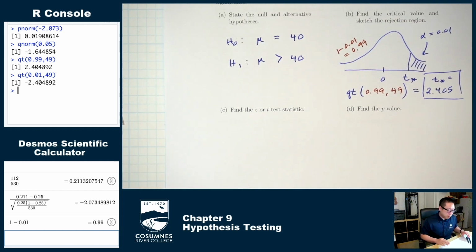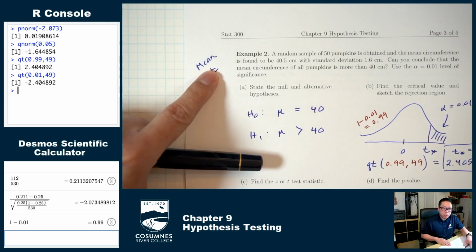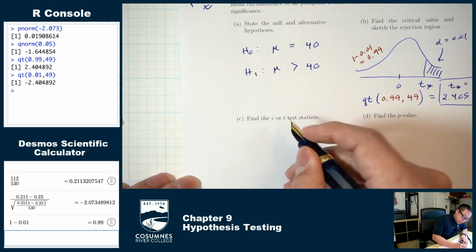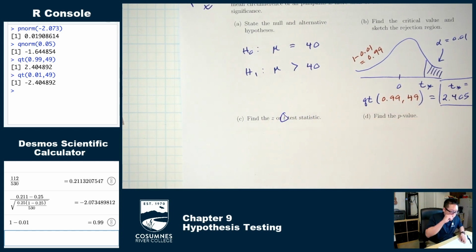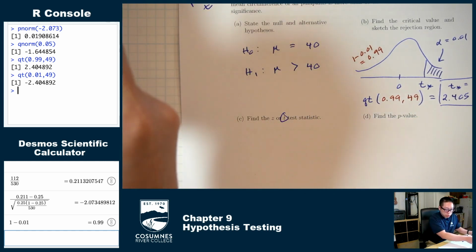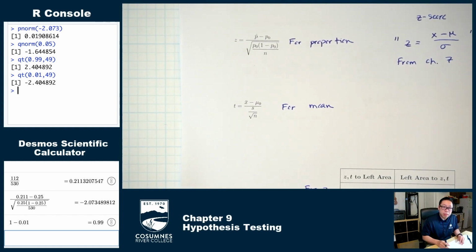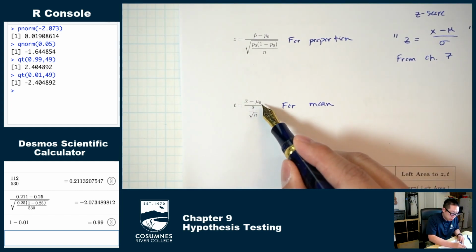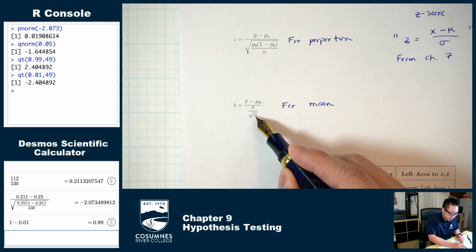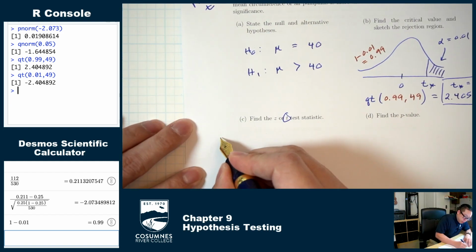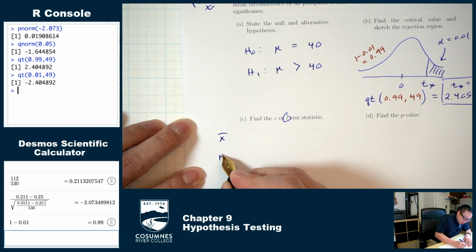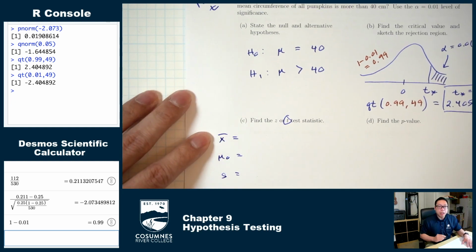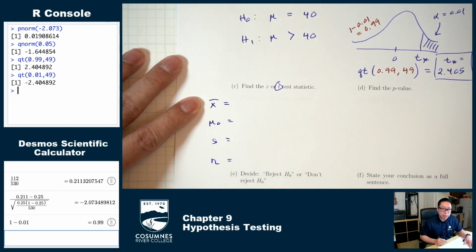Okay, part C. Find the Z or T test statistic. We're talking about means here, so we'll be finding the T test statistic, which means we'll be using the T formula on the front page. So front page, T formula, there's an X bar, a mu 0, an S, and an N. X bar is the mean from your sample.